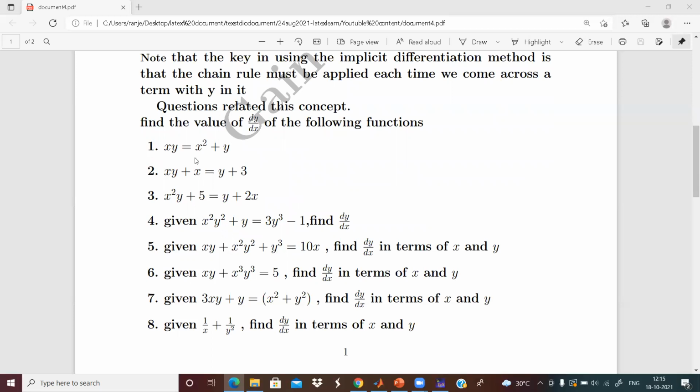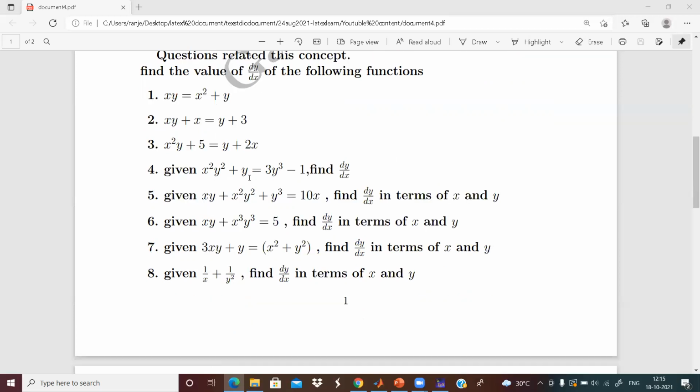It means we are able to express them as explicit functions. The given function is an implicit function, and we will convert it into an explicit function. But from the fourth question onwards, we are not able to express them as explicit functions. So for these questions, we have only the option to deal with them using the implicit differentiation method.